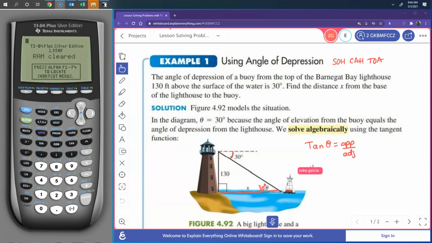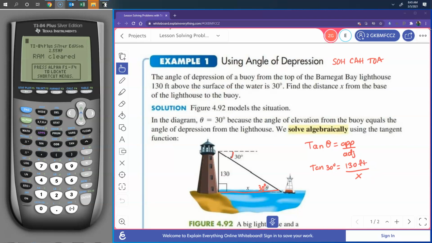And so what we're going to write is tangent of 30 degrees is equal to the opposite measurement, which is 130 feet, over the adjacent measurement, which is x.